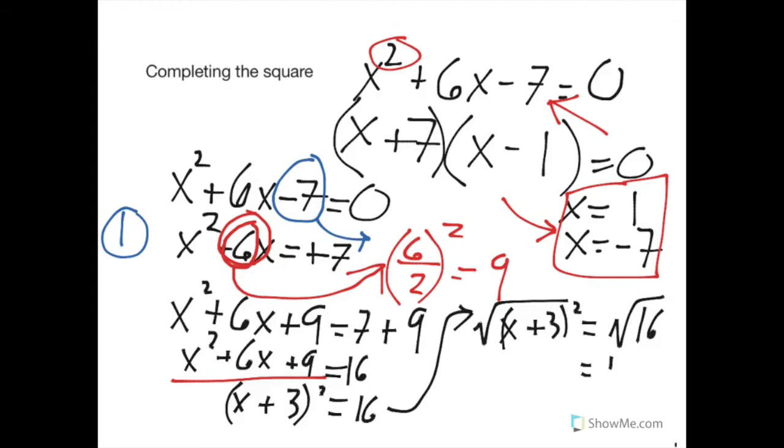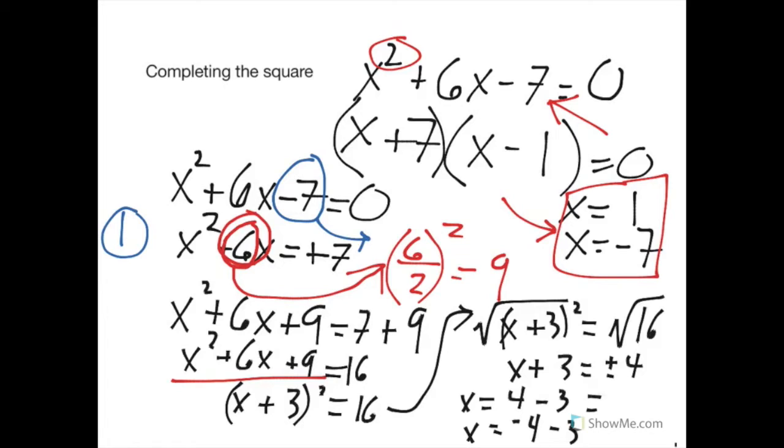We're going to get plus or minus 4, and we're going to get x plus 3. And there is almost the answer. The only thing you have left to do is subtract that 3 from both sides. So first you have the 4 minus 3, and then you have x is equal to negative 4 minus 3. Don't forget that sign, guys.